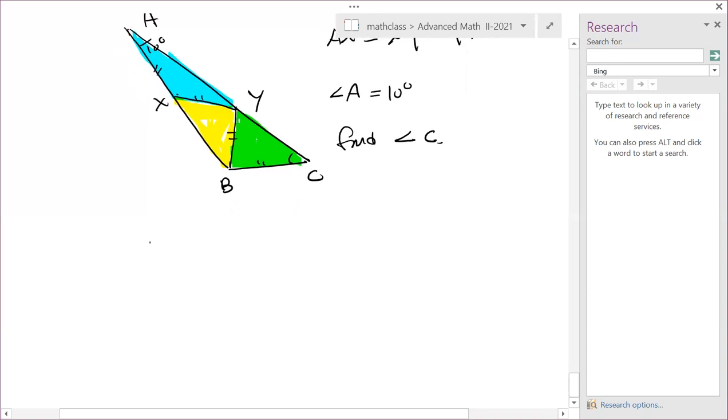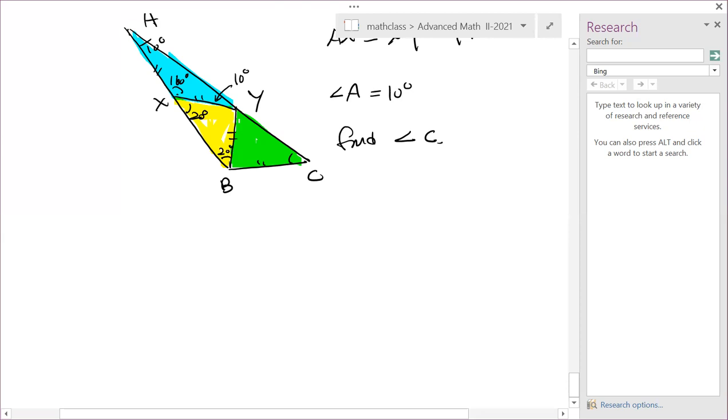Okay, let's finish it. Step one, because this is an isosceles triangle, I get 10 degrees, right? Step two, I know this angle, so this angle will be 20 degrees, and this angle will be 160 degrees. Step by step, and then this will be 20 degrees.